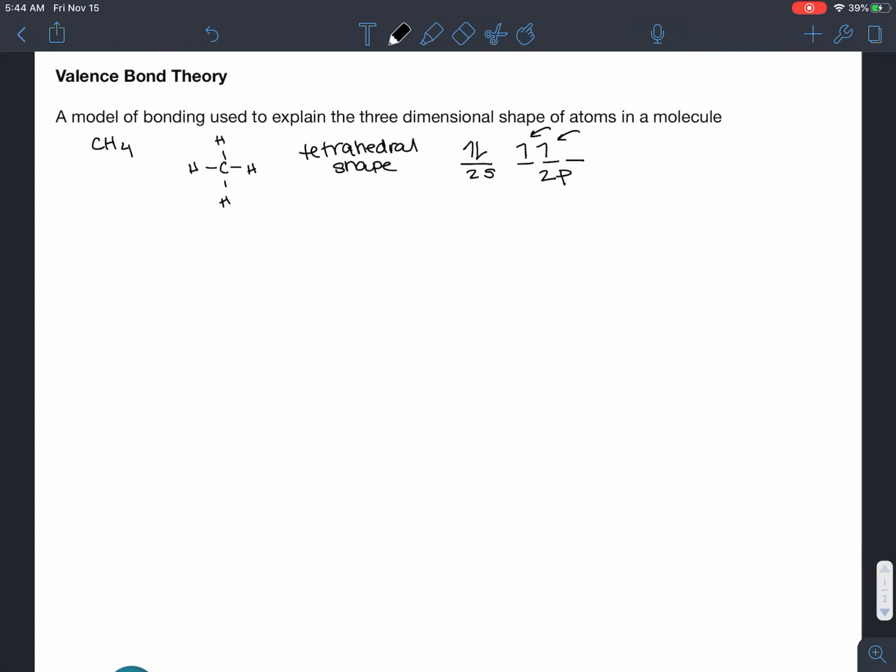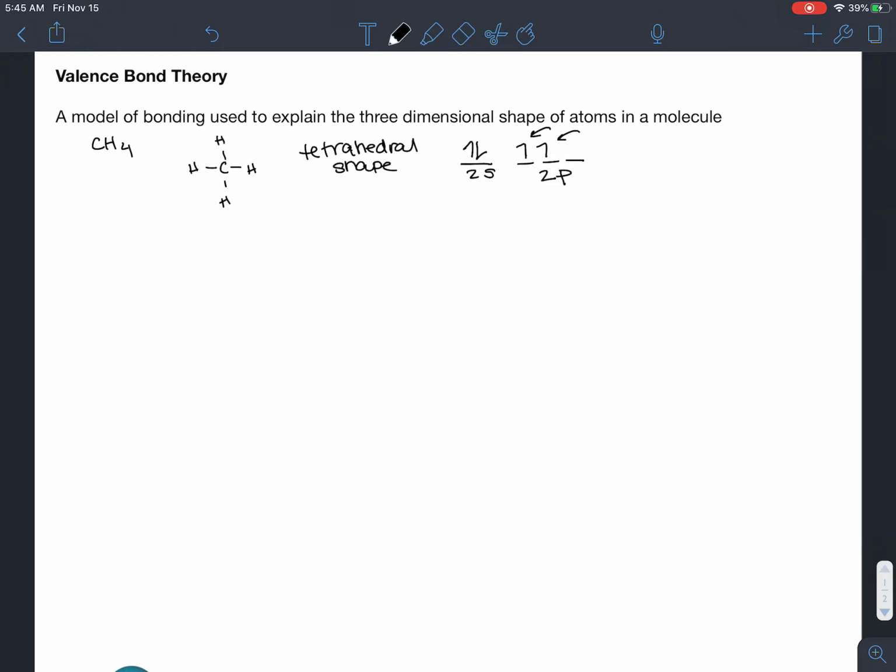Valence bond theory was designed to explain the three-dimensional shape of different atoms and molecules to help explain their properties. It's most common in carbon, nitrogen, and oxygen because most compounds out there are made of carbon, nitrogen, and oxygen.